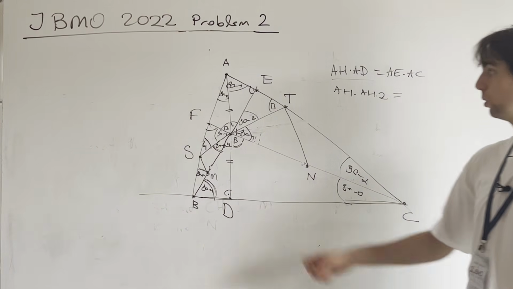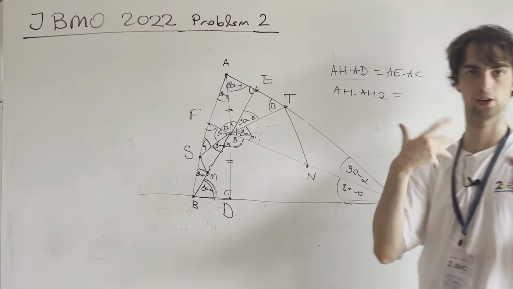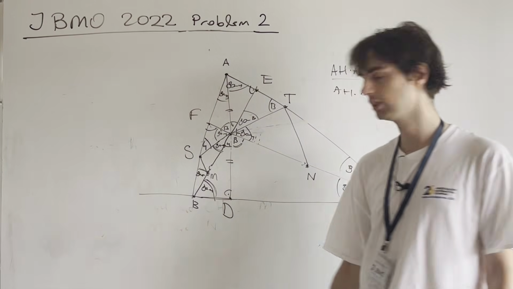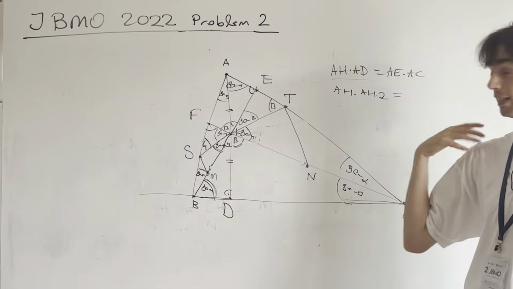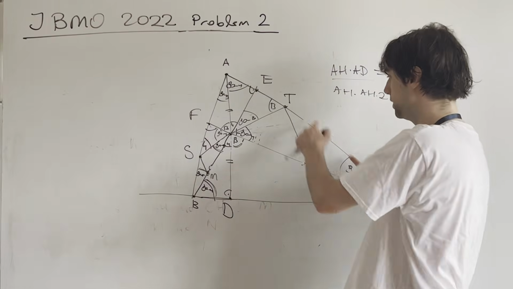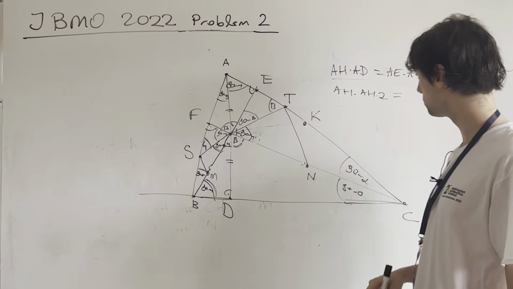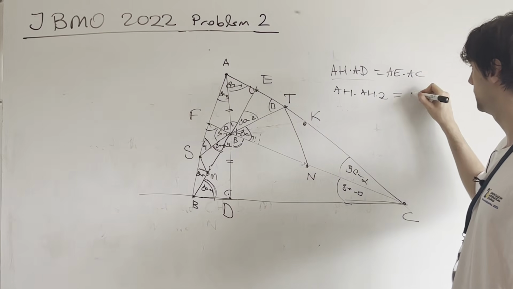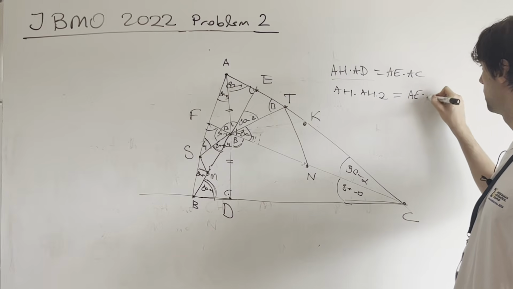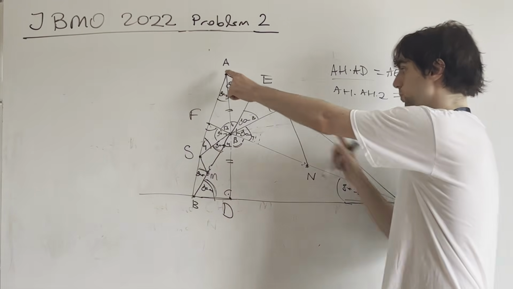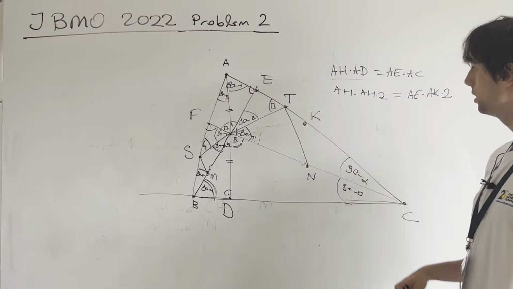And now I could take the midpoint of AE and try to connect it with the other things in the problem. Difficult with M and N, that's difficult. Or I can take the midpoint of AC and call this point K. And then I'd have AE times AK times 2, because AK times 2 is AC. Right? And what does this give me?